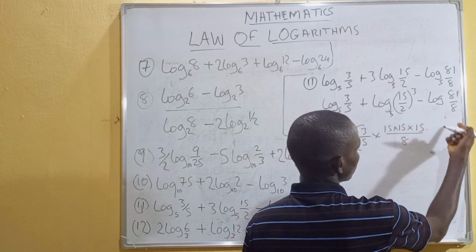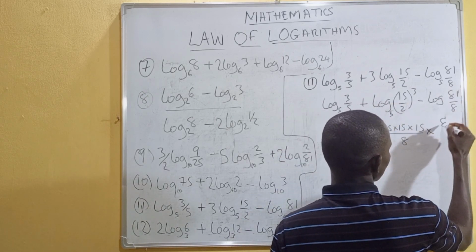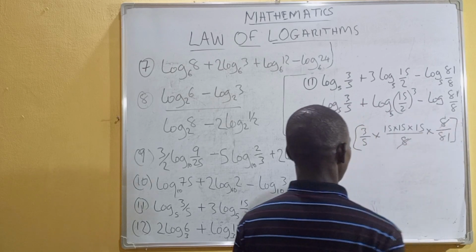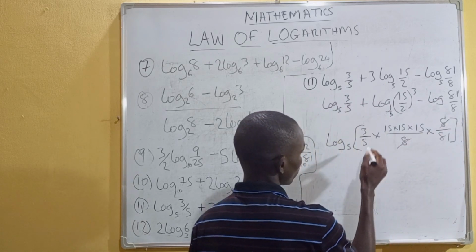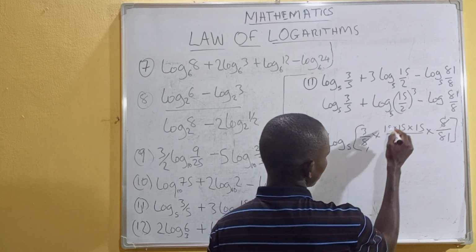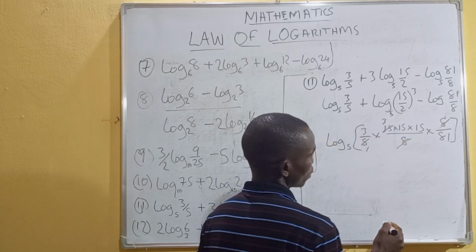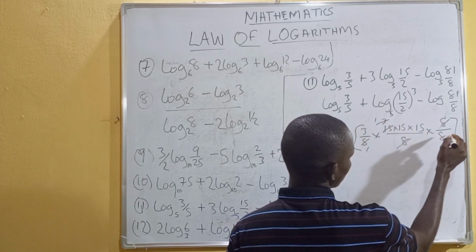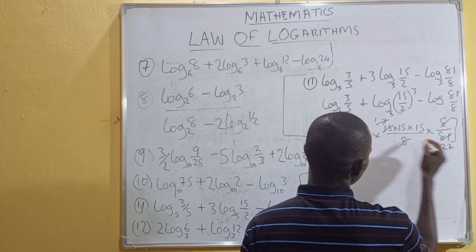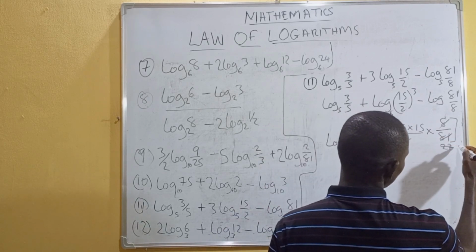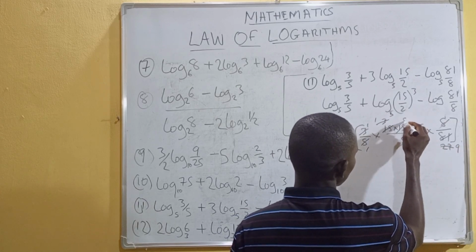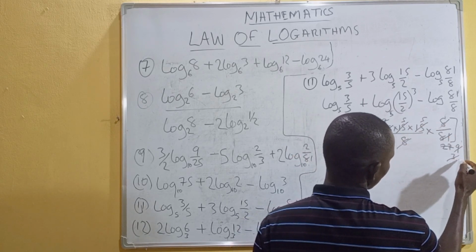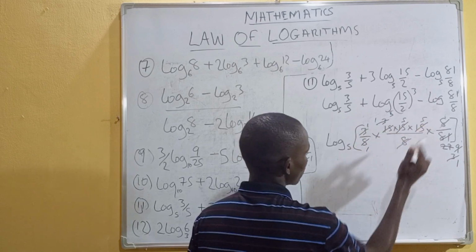Since this is negative, we multiply by the inverse, times 8 over 81. 8 cancels 8. We now have 5 here, we have 1. 5 into here, we have 3. 3 here, we have 1. 3 divide this, we have 27. 3 here, we have 1. 3 divide 27, we have 9. 3 here, we have 5. 3 here, we have 3. 3 here, we have 5. 3 here, we have 1. So this will now be 5 times 5 is 25.